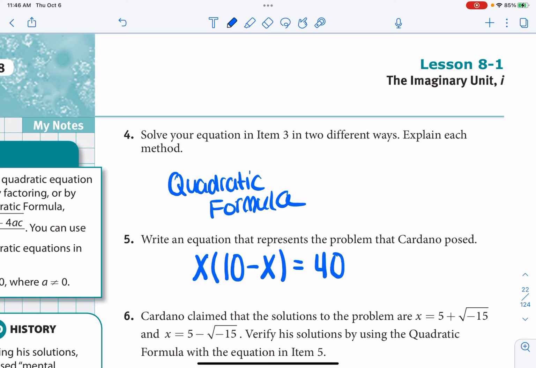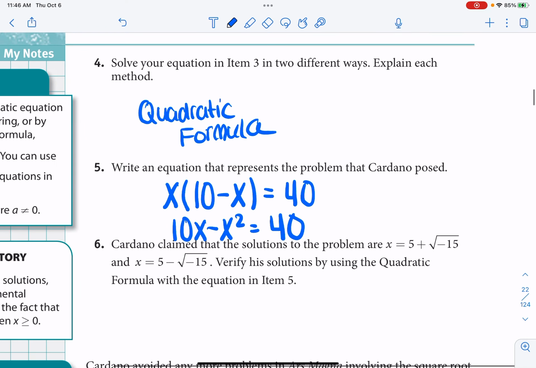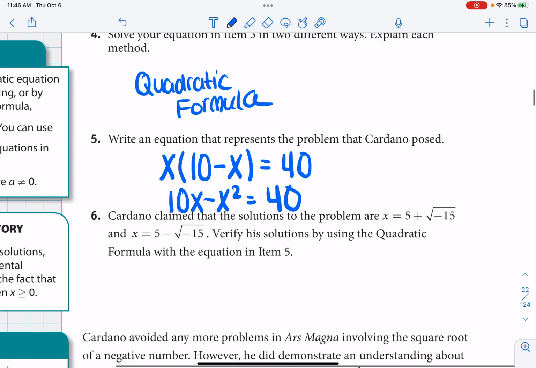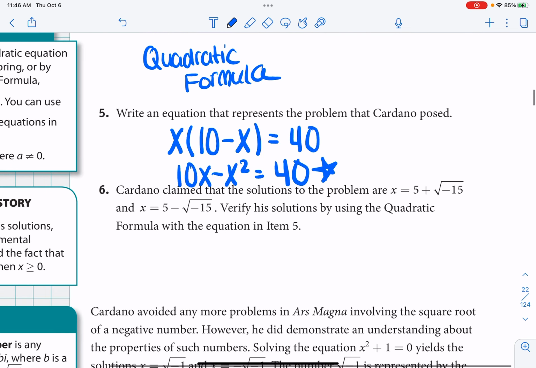And so you would get 10x minus x squared equals 40, okay? Okay, so we want to verify that the solutions to this problem are x is equal to 5 plus the square root of negative 15, and x is equal to 5 minus the square root of negative 15.